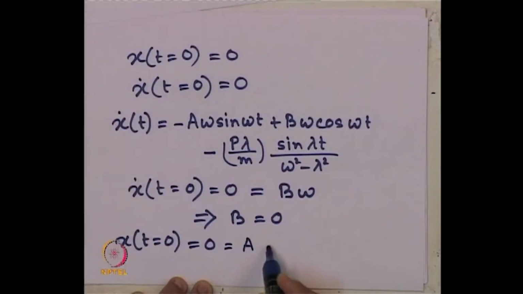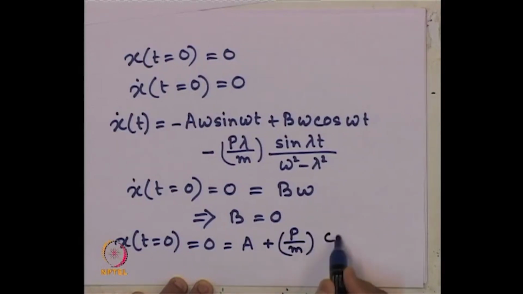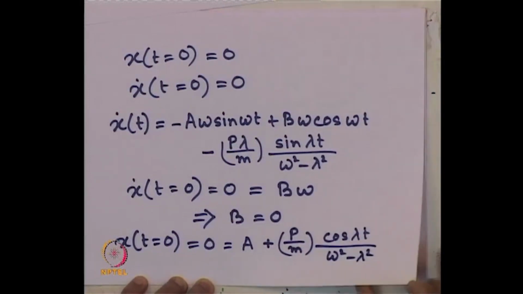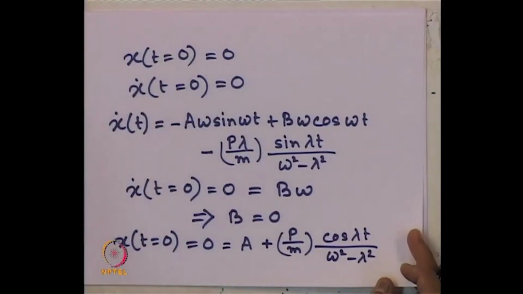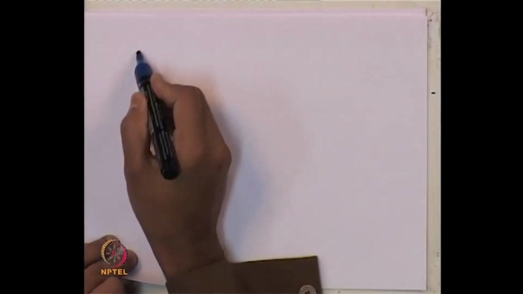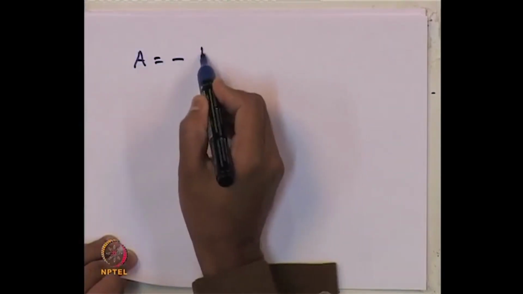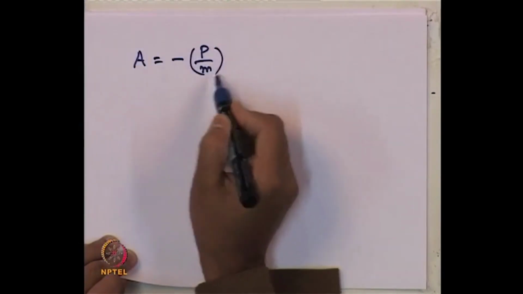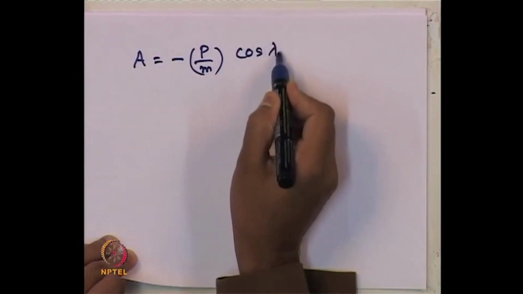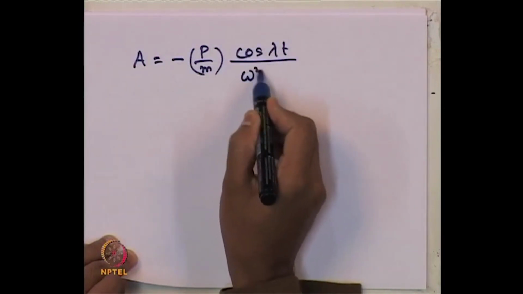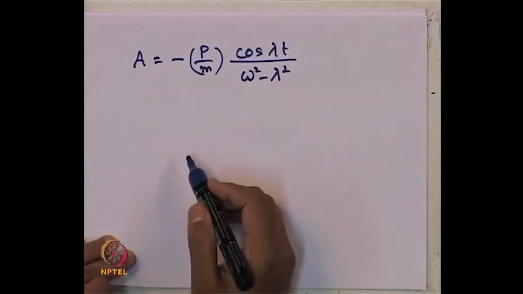A plus p by m cosine of lambda t by omega square minus lambda square, which will give us A as minus p by m cosine of lambda t by omega square minus lambda square.